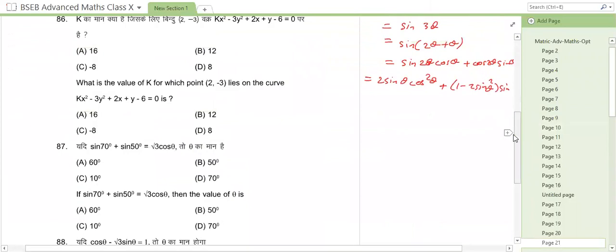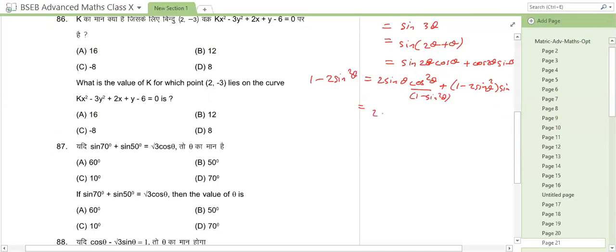The reason why we're doing this is expanding in terms of sine, 1 minus 2 sine squared theta as well. And this cos squared theta is 1 minus sine squared theta identity.